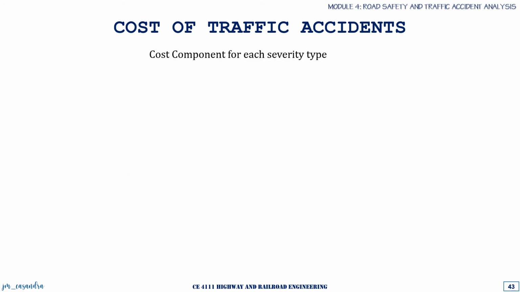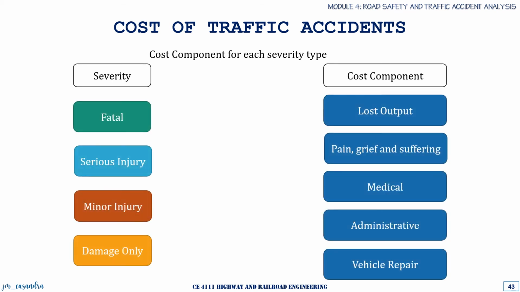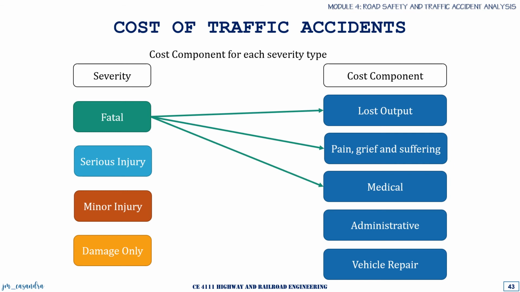So for each cost component that we have identified and for each severity type of an accident, there will be a certain correlation. When we have a fatal accident, it will now include lost output, pain, grief, and suffering, medical costs, administrative, and vehicle repair.